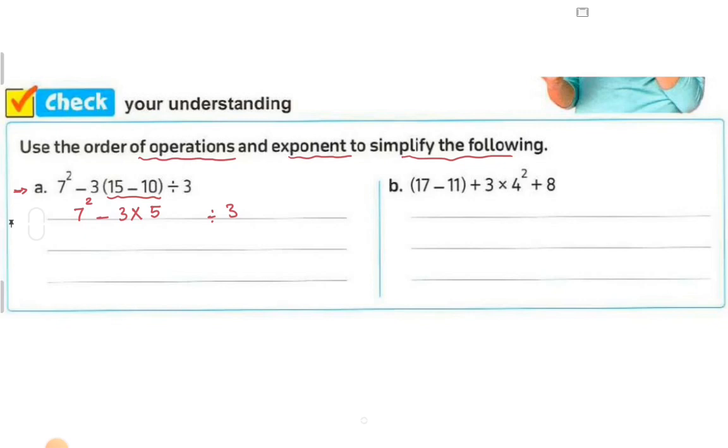Now in our expression we have power, minus, times, divide. After parentheses, we do the exponent. 7 power 2 means 7 by 7, which equals 49.